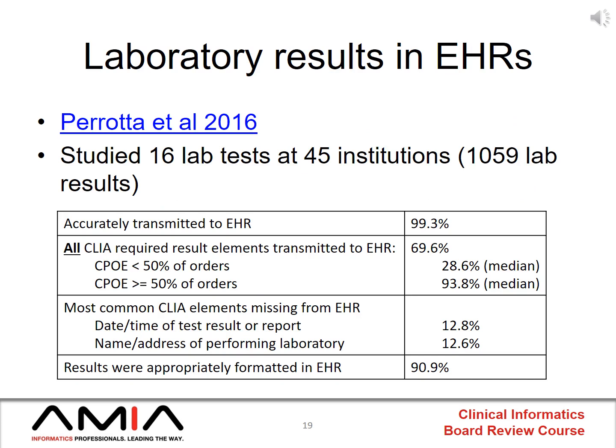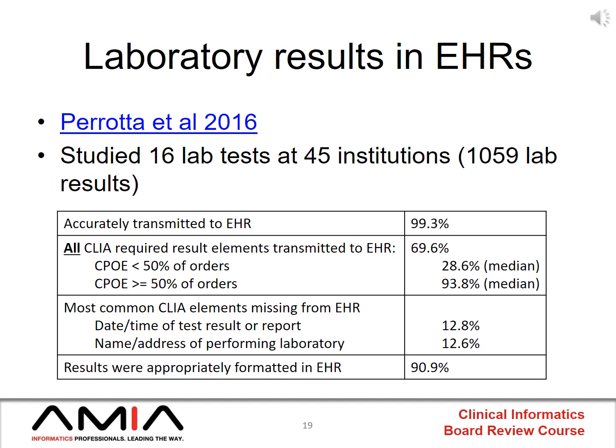There was a study done in 2016 which studied 16 different lab tests at 45 institutions and looked at over 1,000 lab results. They were looking to see how many laboratories were actually compliant with this requirement to ensure that their laboratory results were accurately transmitted to the electronic health record according to CLIA test report standard requirements.